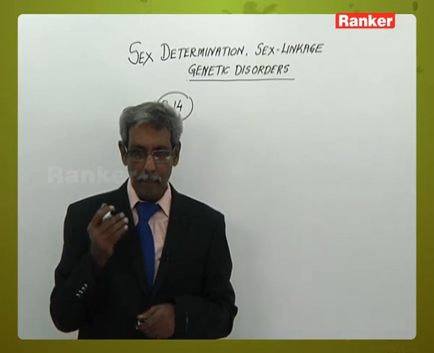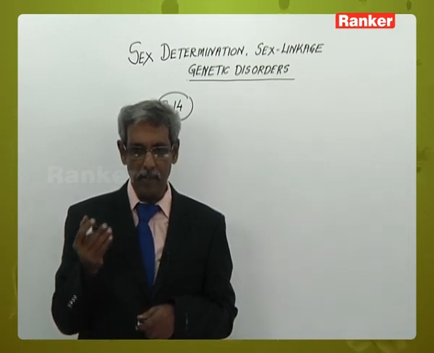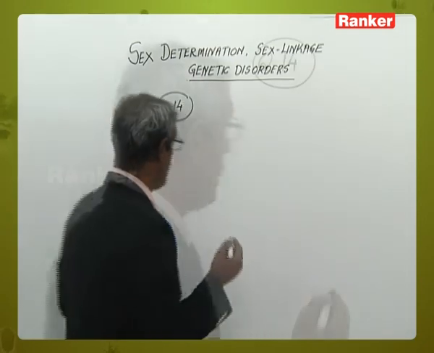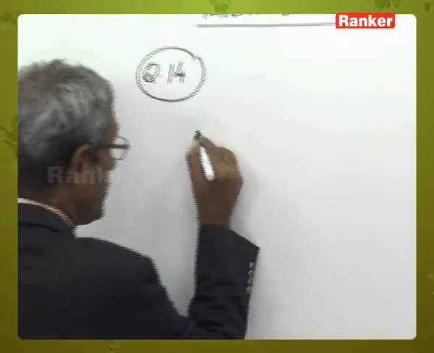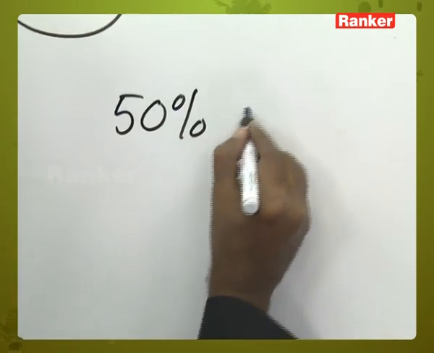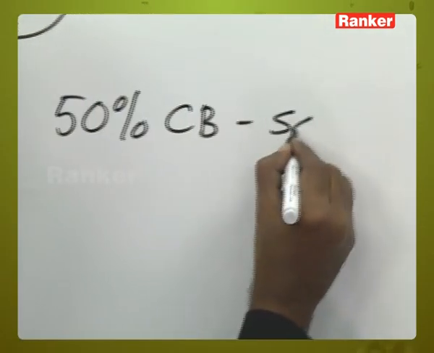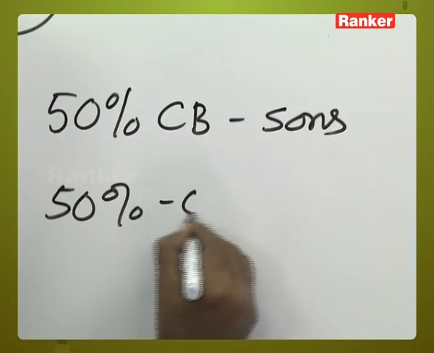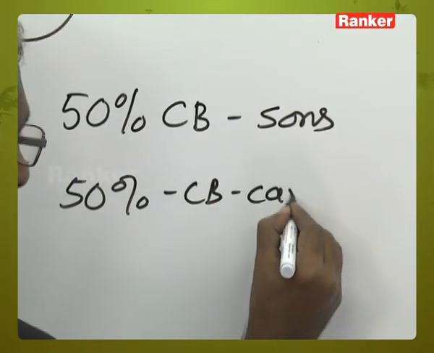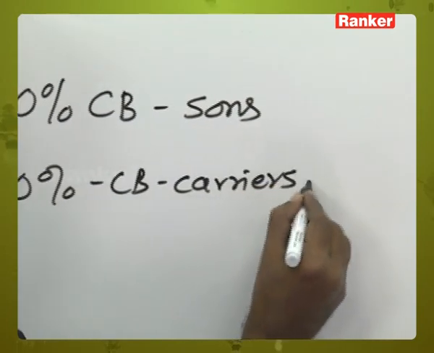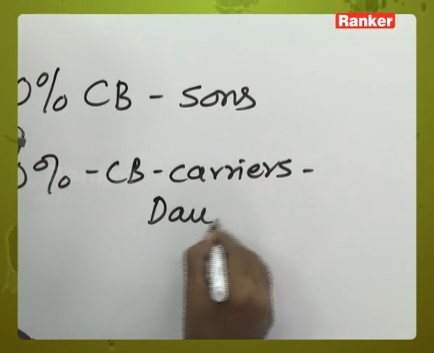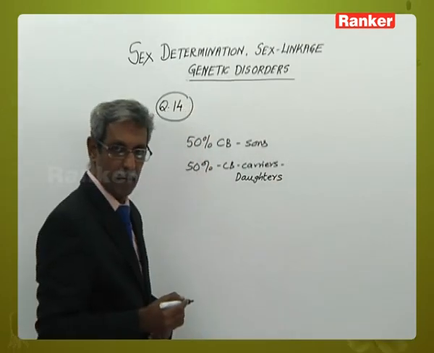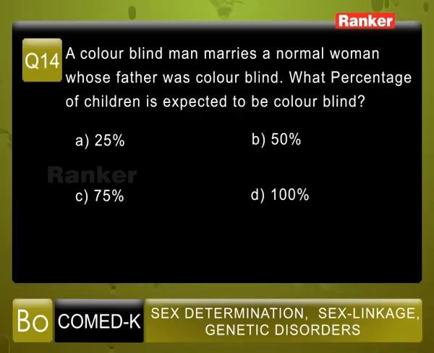Hence, the percentage of the children expected to be colorblind, that is the males, is 50%. So we have 50% colorblind, that is the sons, and 50% colorblind carriers, that is the daughters. Hence, for 14, the answer is B.